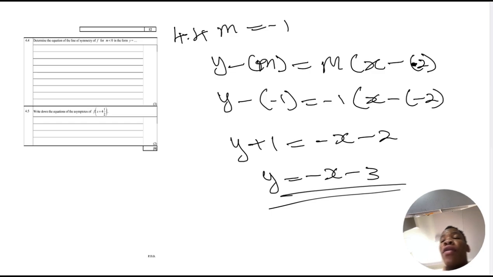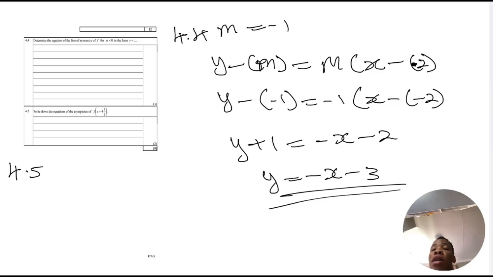Then we are getting to 4.5. They're saying write down the equation of the asymptotes of f of x, still the same graph.